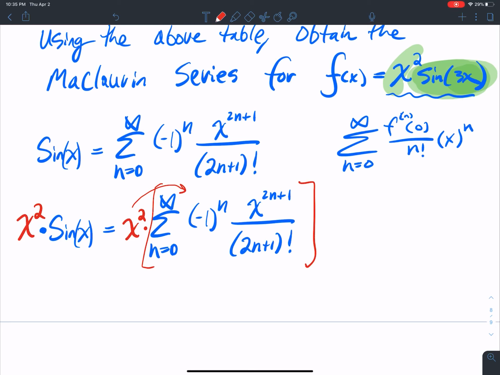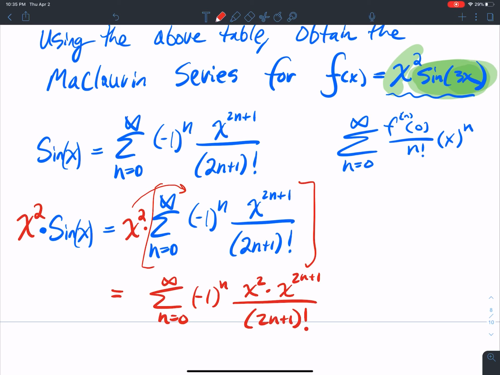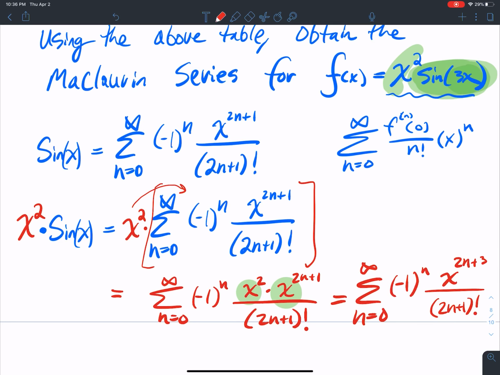So what does this become? This becomes the sum, n equals 0 to infinity, of negative 1 to the n times x squared times x to the 2n plus 1 over 2n plus 1 factorial. Things that are the same base, what do I do to the exponents? I add them. So this becomes the sum from 0 to infinity of negative 1 to the n, x to the 2n plus 3, over 2n plus 1 factorial, right?